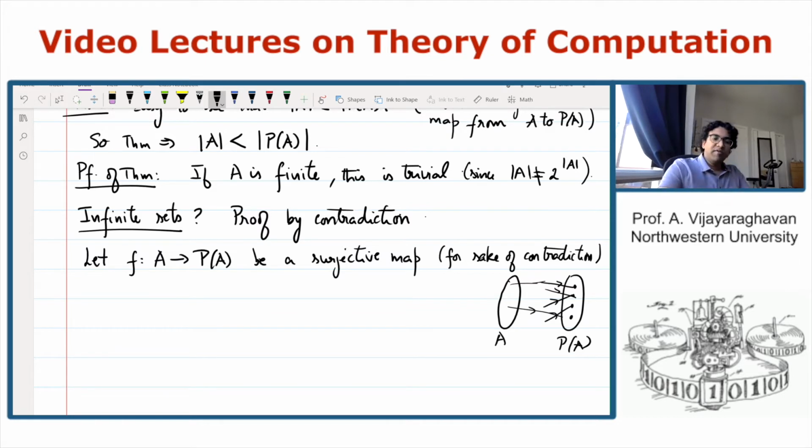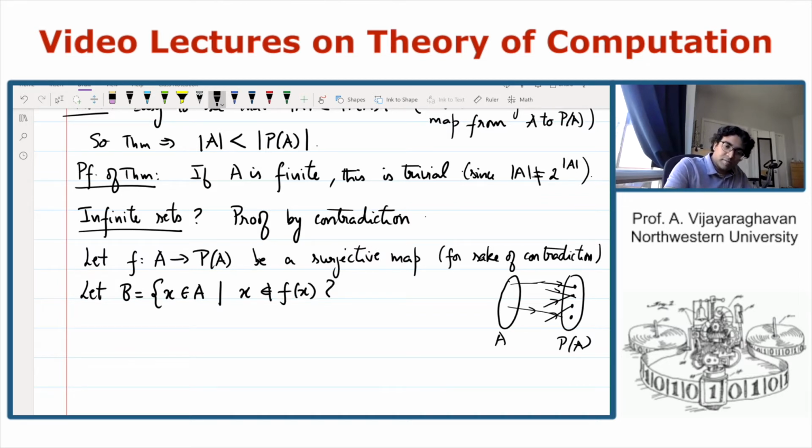So what we are going to do is construct a particular set B which belongs to the power set. This construction of the set will be the key step in the proof. Let B be the set of all elements x in A such that x is not an element of f of x. Okay, so this is a key step.